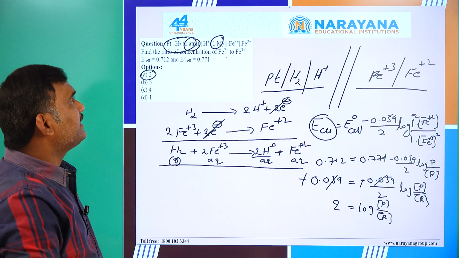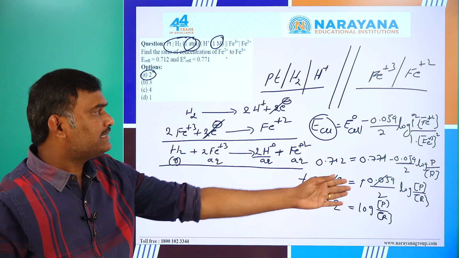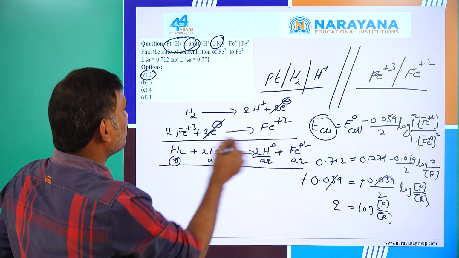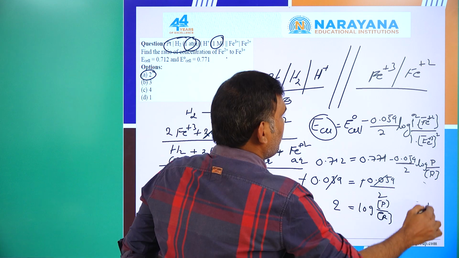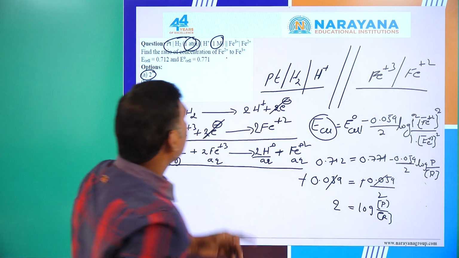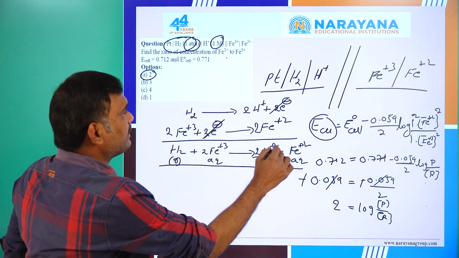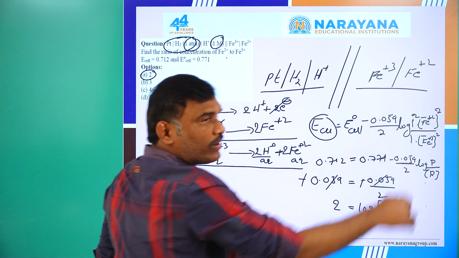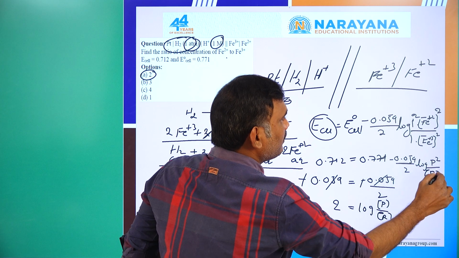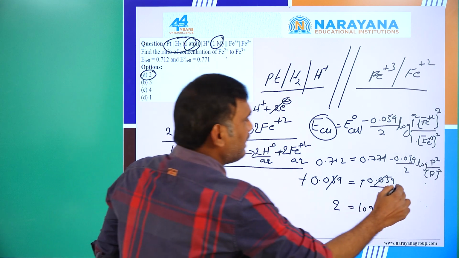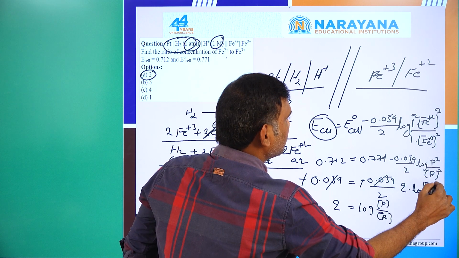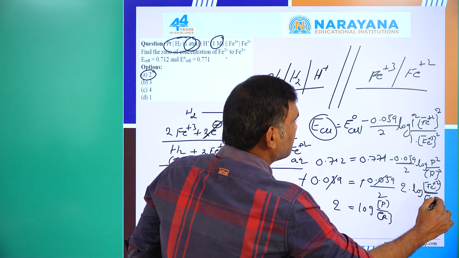This is the thing they have given, 0.771 minus 0.712. Otherwise you can write it like this also. Here is 2 Fe+3. Sorry, here the Fe+2 is 2 Fe+2. On squaring, that is 2 log, we have to write here: Fe+2 by Fe+3, that is 2 log of Fe+2 concentration by Fe+3 concentration.